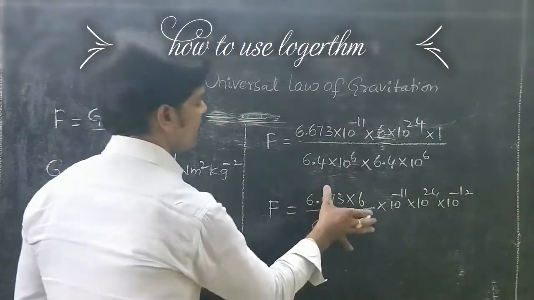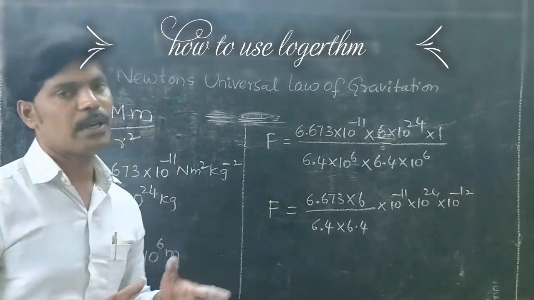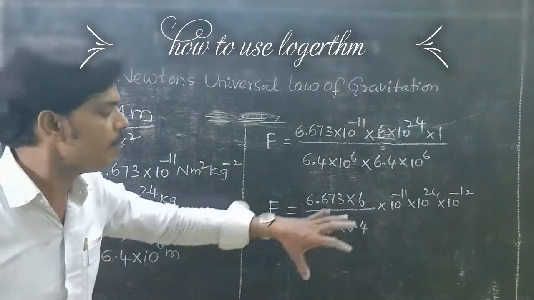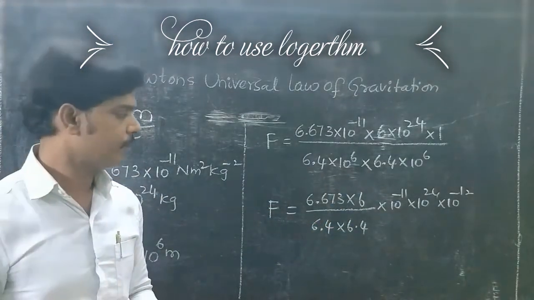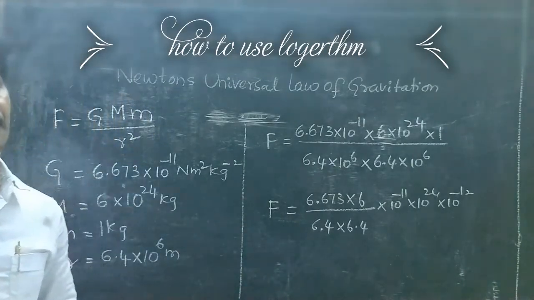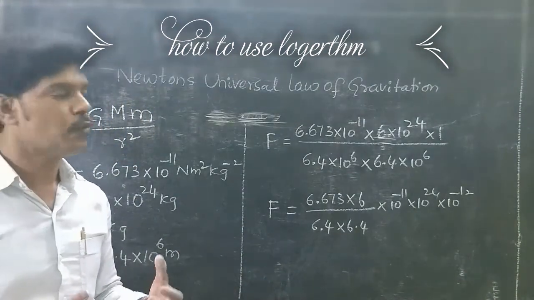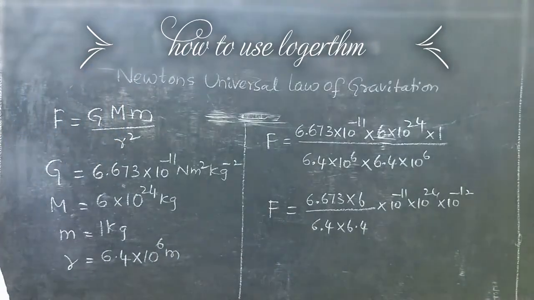Here is the fraction 6.673 into 6 divided by 6.4 into 6.4. We need to find the exact value of this fraction. It is not easy to cancel, so we find the value of this fraction with the use of logarithm tables.